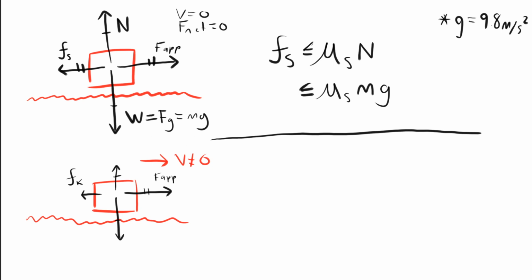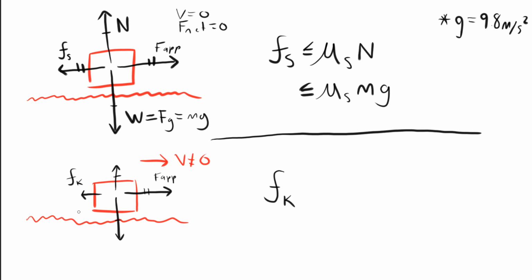Also note that it is less than or equal to that normal force. It can't ever get any bigger than the applied force, is what we're trying to say. It'll grow to a certain size, and then it'll stop growing. So all of a sudden it'll break, which then gives rise to kinetic friction.